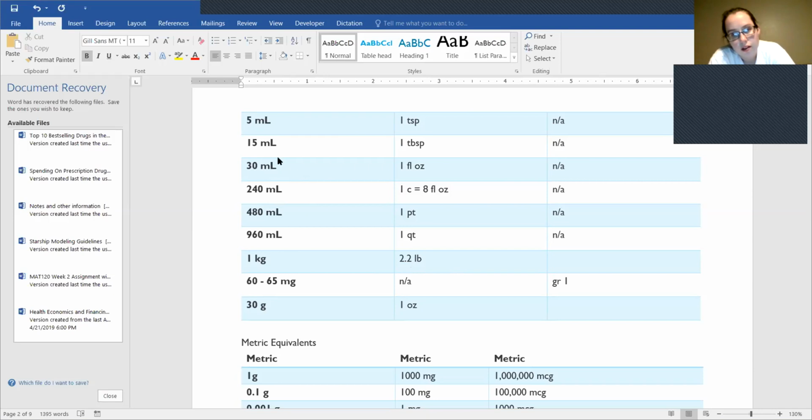And remember, a milliliter is also a cc, a cubic centimeter. So technically pure water at 4 degrees centigrade, which is the temperature at which it is at its densest, weighs 1 gram per milliliter.